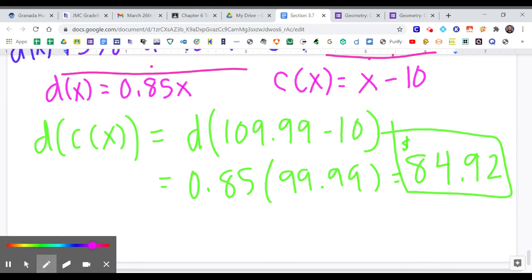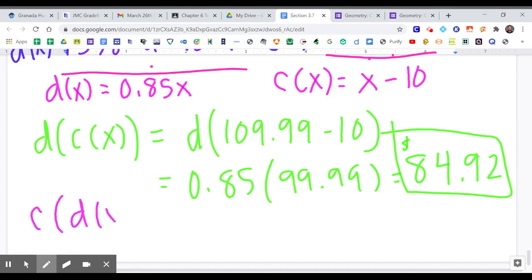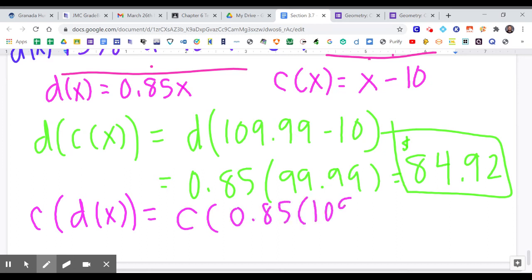But now let's say instead you want to think about it and say, is it better to get my discount first and then take $10 off? Okay, so we're doing c of 0.85 times 109.99. So what that means is, we'll go to our calculator and we do 85% or 0.85 times 109.99.